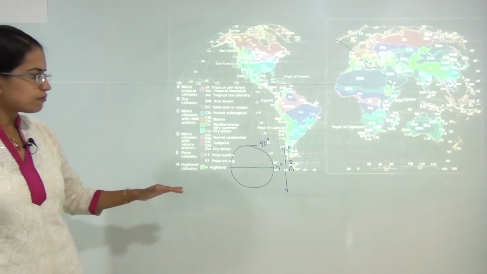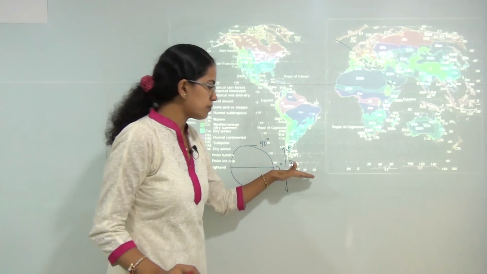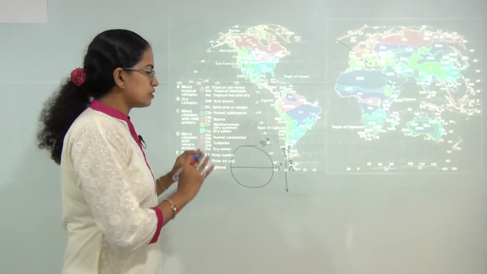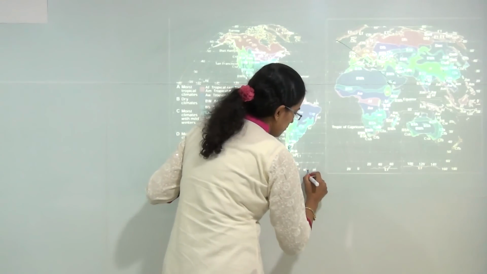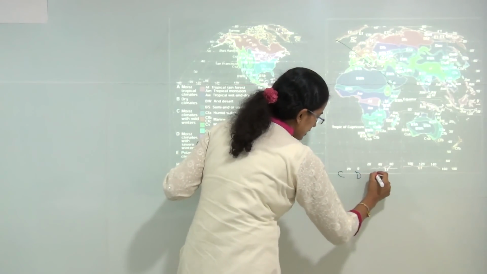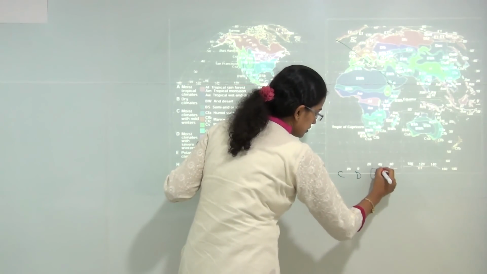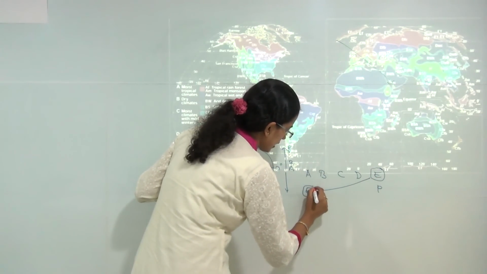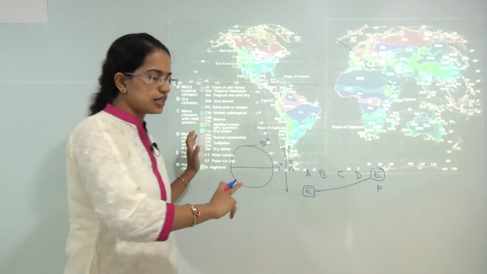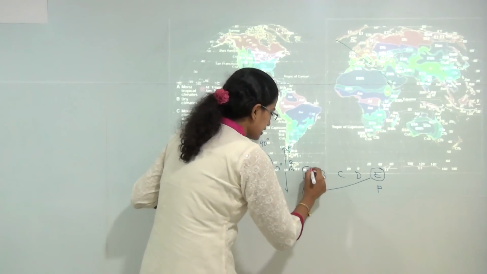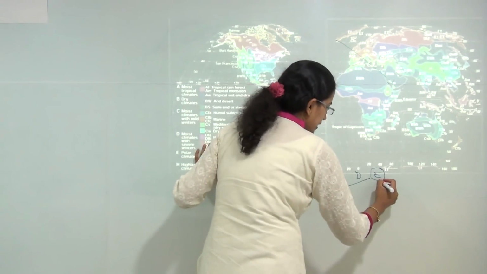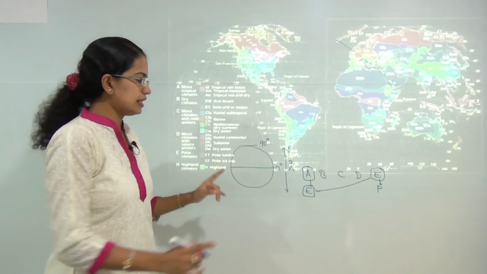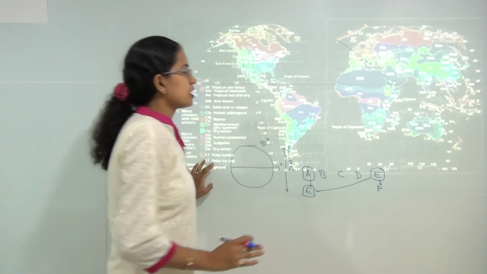The best way to remember is, if I write A, B, C, D and E, E here denotes poles and this E for equator would come under A. So it's a kind of crisscross relationship: A would lie at equator and E would lie at poles, and these two E would be crisscross.